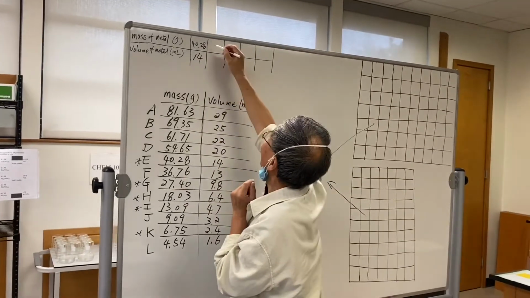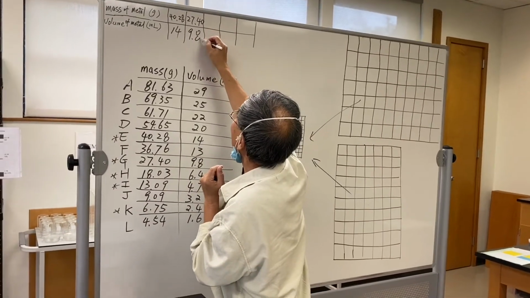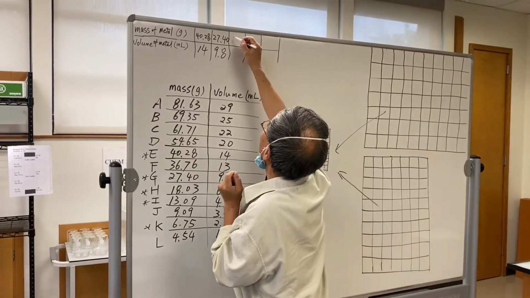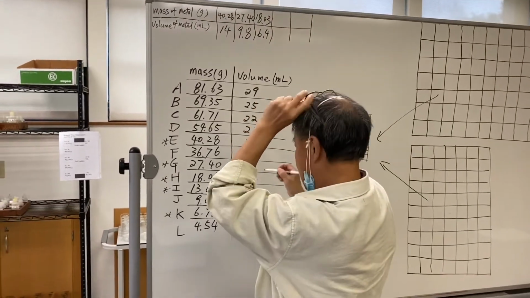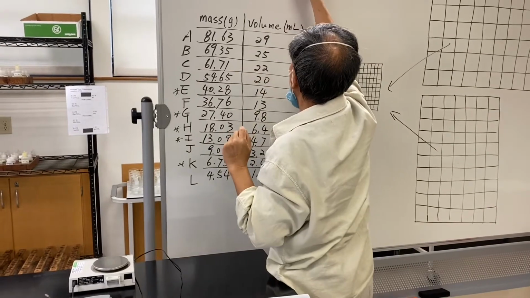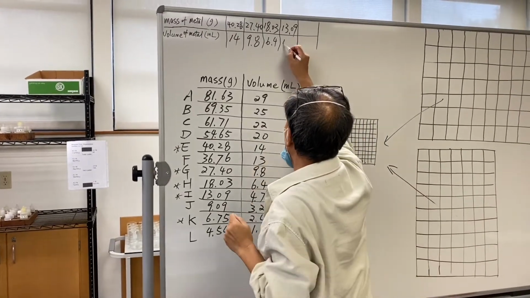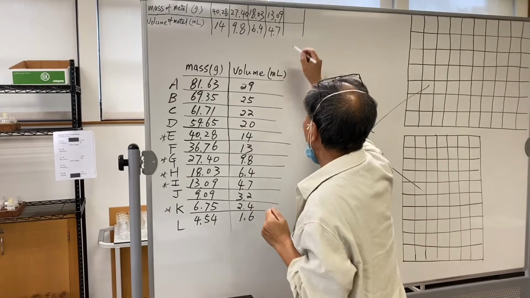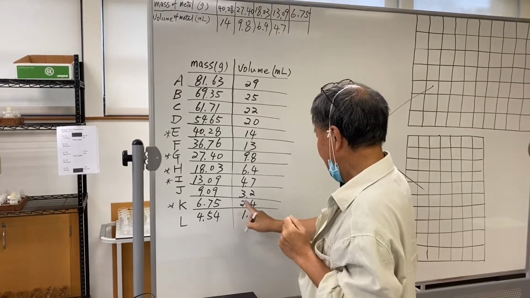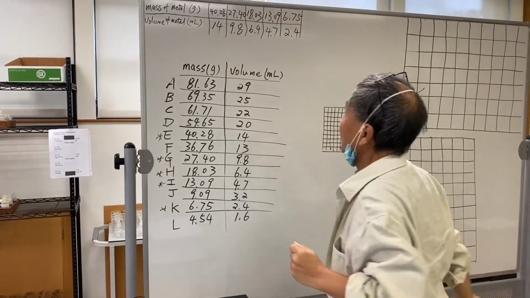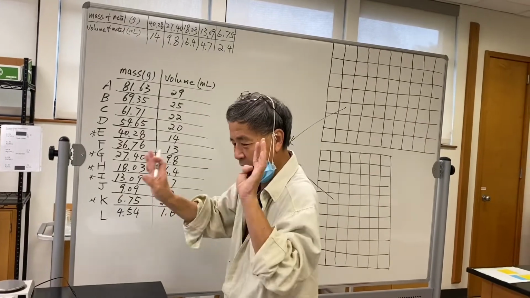All right, and then 27.40 and then 9.8, 18.03 and then 6.4, 13.09 and 4.7, and the last piece of data 6.75 and 2.4.